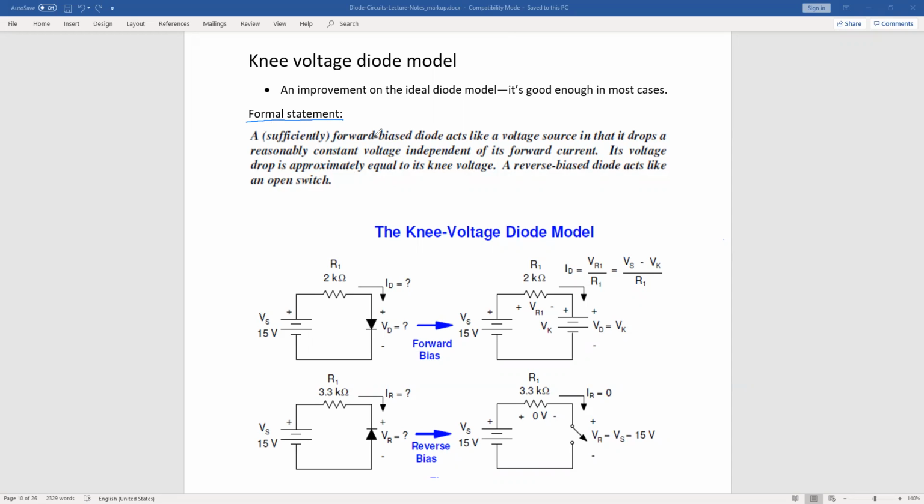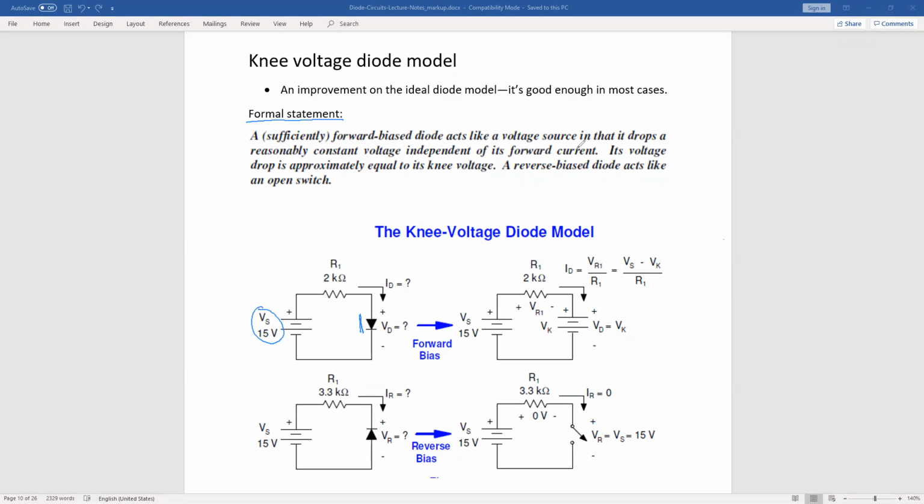So a sufficiently forward biased diode, so it's hooked up in forward bias, and it has enough of a voltage applied to have current flowing through it, acts like a voltage source in that it drops a reasonably constant voltage independent of its forward current.